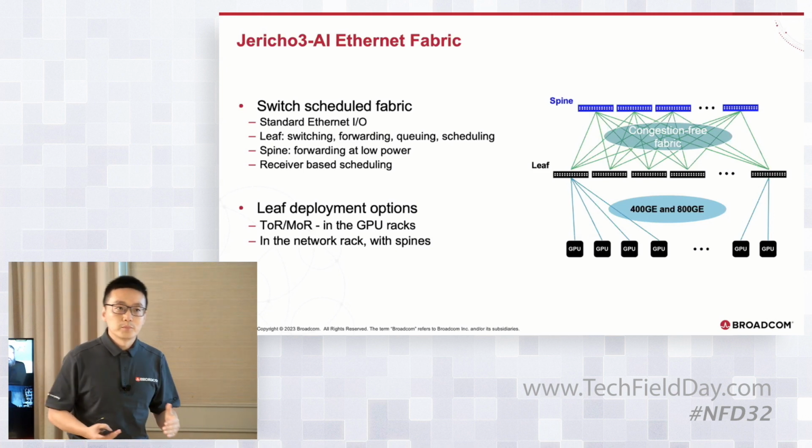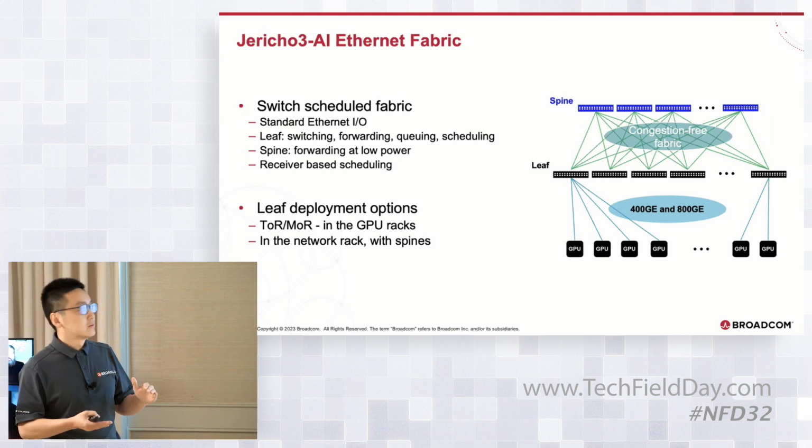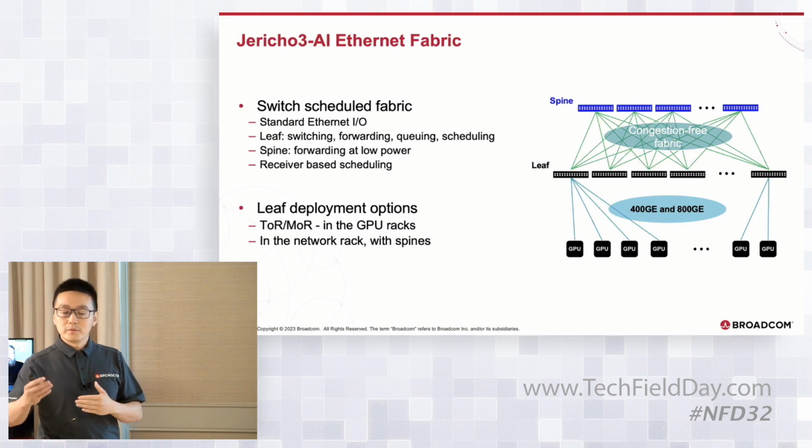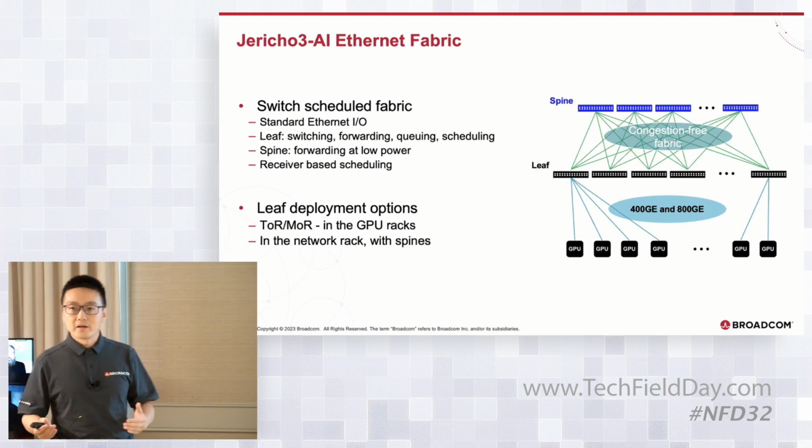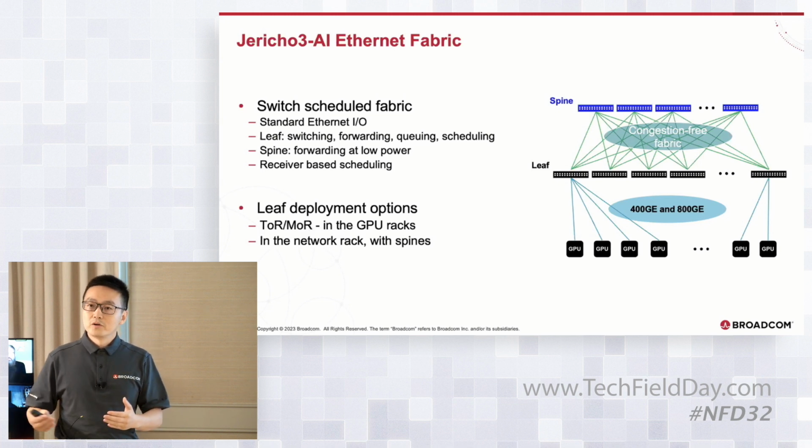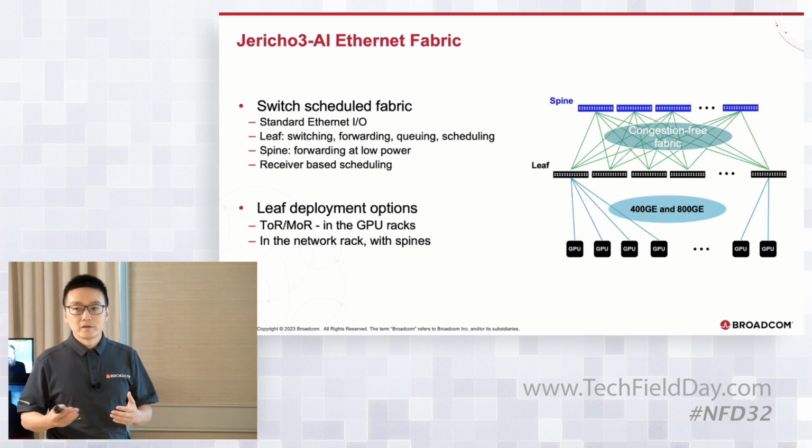You can put the leaf device in the same rack with the GPU or endpoint. The distance is very short, a few meters, so you can use DAC cables to save a lot of power and cost. On the other hand, there may be some restrictions in the customer data center.